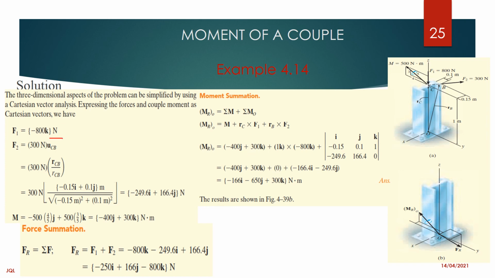A force F1 is supposed to be represented in Cartesian notation. You do the same for the F2. Then you can apply now the moment summation. This, in fact, we discussed in the first part of lecture A4.